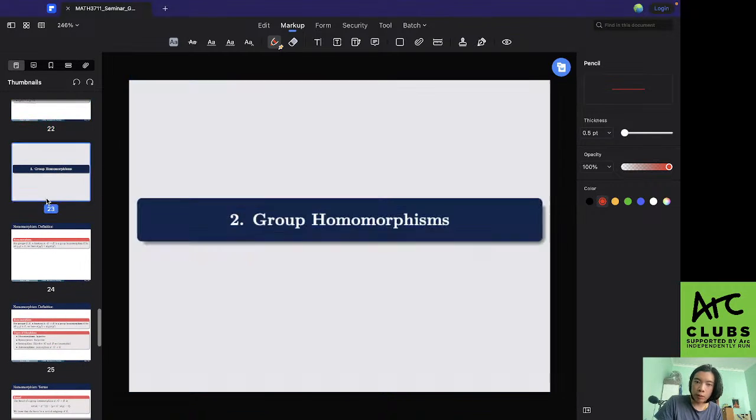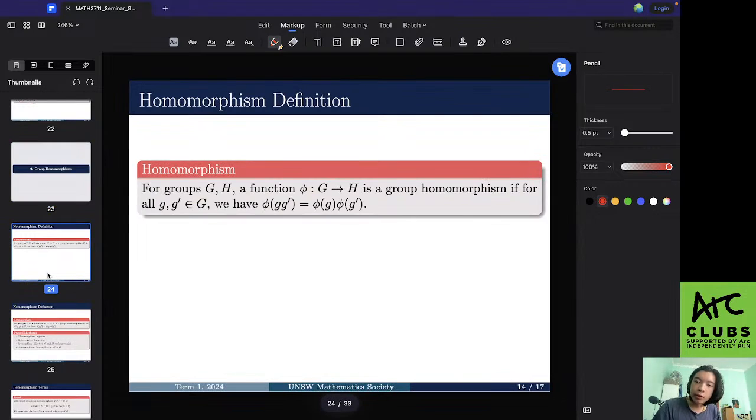So now we're moving on to group homomorphisms. We have groups, but maybe we now want to have a mapping from one group to another. And so we can call it a homomorphism if we have our domain and codomain as groups, and for any two elements g and g dash, we can essentially split them up by the phi.